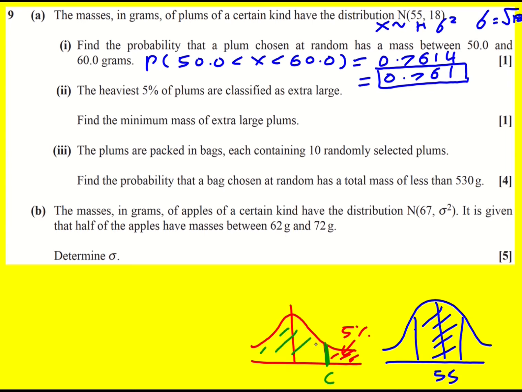So I've got 95% of my area below, and we need that one for the cumulative frequency when we're using our inverse normal. So the probability that X is less than C is equal to 0.95. That is the requirement, and then we can do inverse normal and read it straight off.